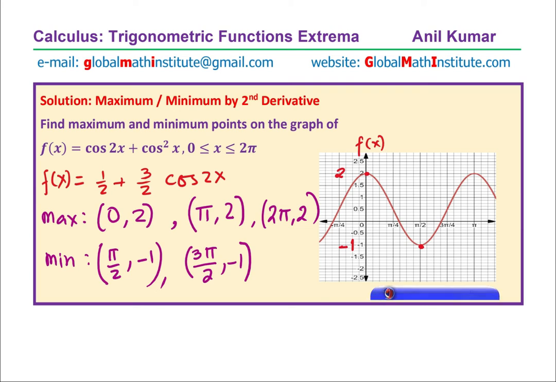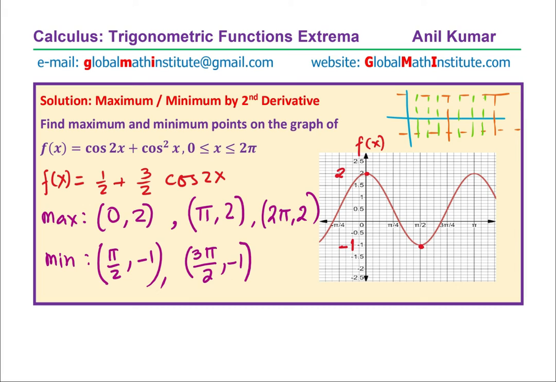Let me make a smaller one. The maximum for this will be at 2. The minimum is going to be at -1. And cos 2x basically will mean 2 waves in 2 pi. So let's make these 2 waves in 2 pi, dividing them into quarters, just to simplify. It's a small space.